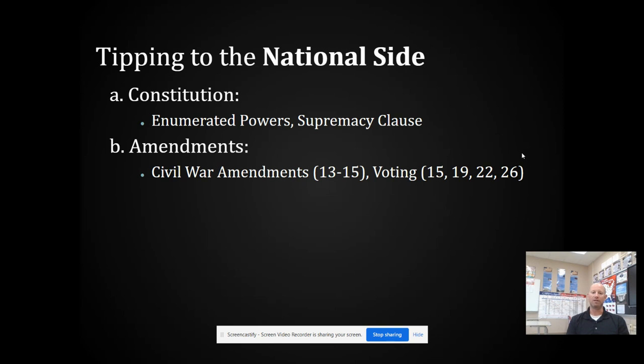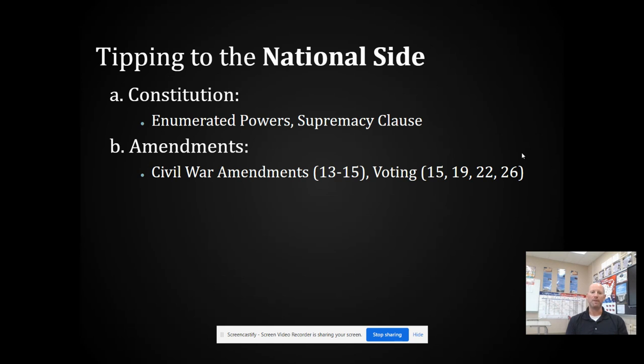The 14th Amendment also defines civil liberties and civil rights, so it ties into a lot of Bill of Rights cases in the Supreme Court. It is probably the most important amendment after the First Amendment. We'll talk about that when we hit civil rights and civil liberties, but it is very important.